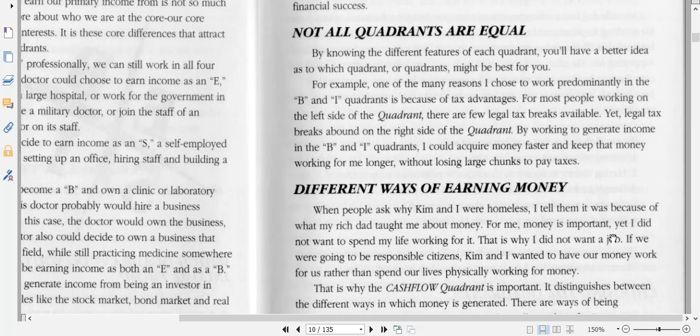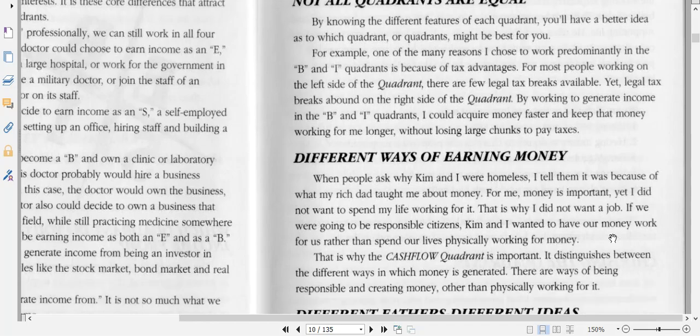For most people working on the left side of the quadrant, there are few legal tax breaks available, yet legal tax breaks abound on the right side of the quadrant. By working to generate income in the business and investment quadrant, I could acquire money faster and keep that money working for me longer without losing large chunks to pay taxes.